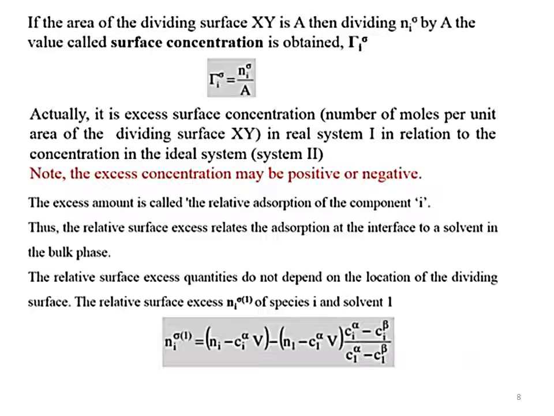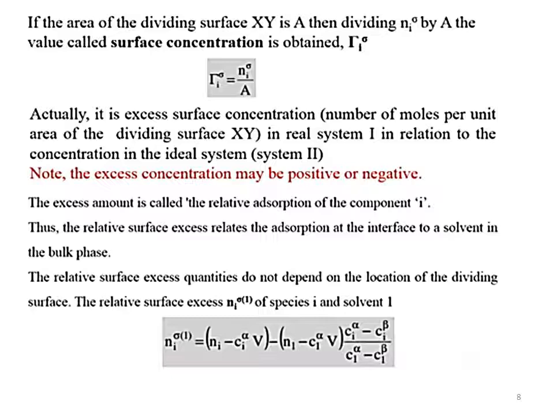Note that the excess concentration may be positive or may be negative. Its positive or negative sign depends on the number of moles, that is, the surface excess concentration. Next it is written that the excess amount is called the relative adsorption of the component I, because we are relating the two systems, so the adsorption of component I will be relative.